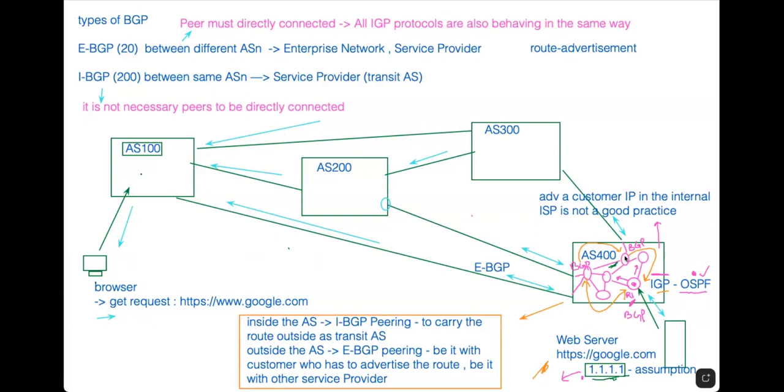Within the AS, when it was connected, the customer was able to advertise it with EBGP, then internally through IBGP, and then externally to EBGP, and the web server is reachable over the internet by whosoever is connected to the internet.